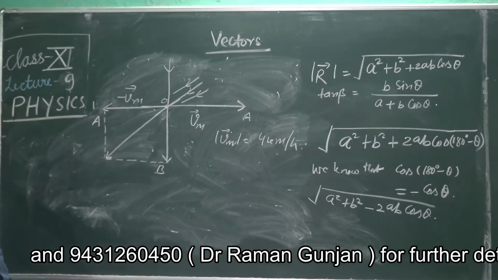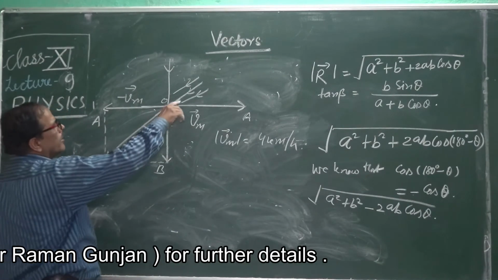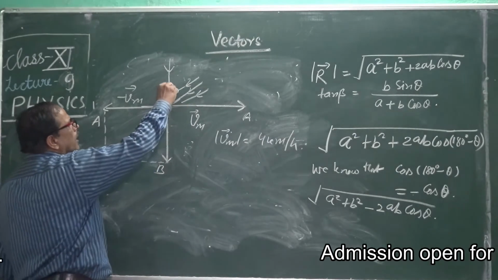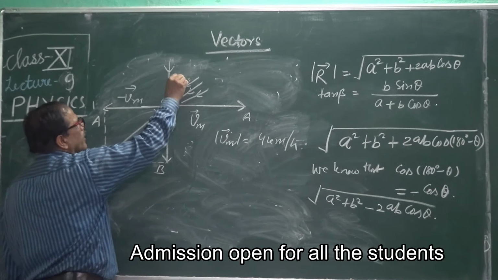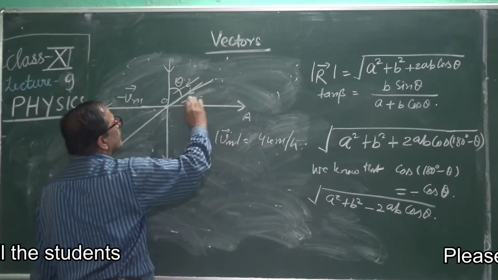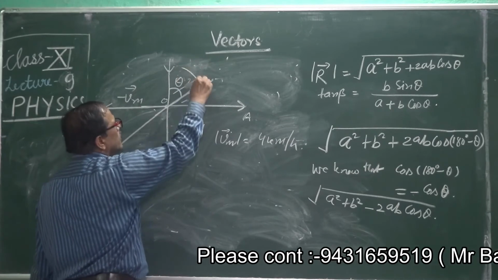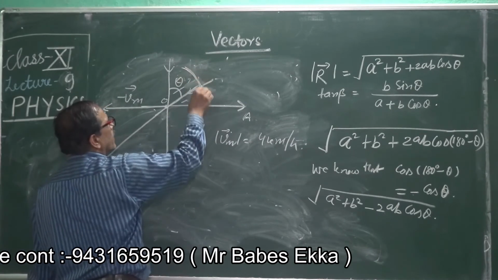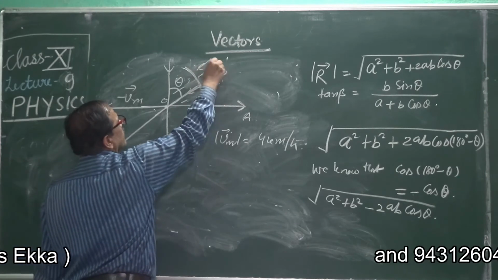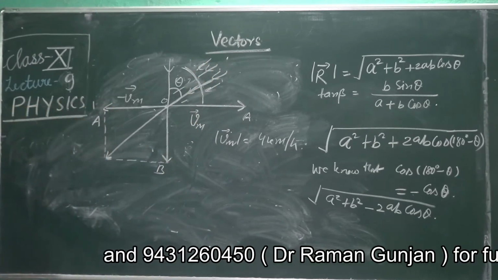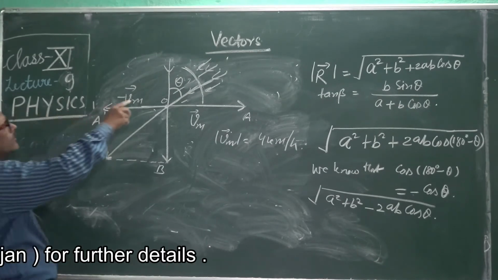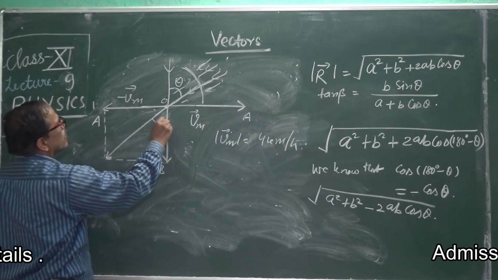He finds that falling of the rain is like in the diagram, and this is the angle. If you want to protect yourself from the rainfall, the direction of umbrella is this one in this diagram. This is theta, so this will also be theta.